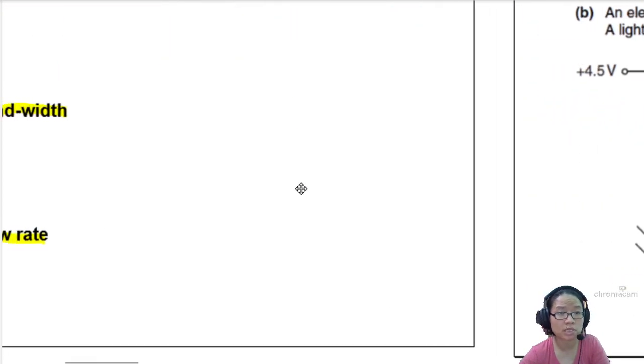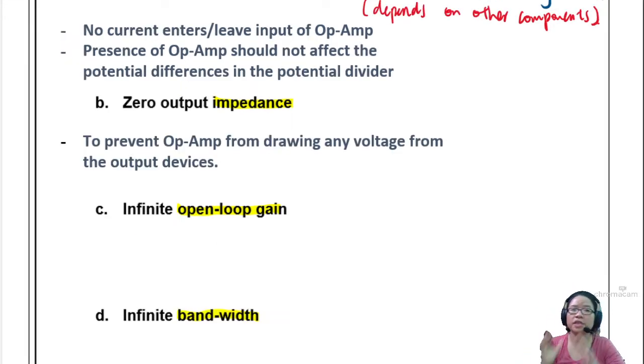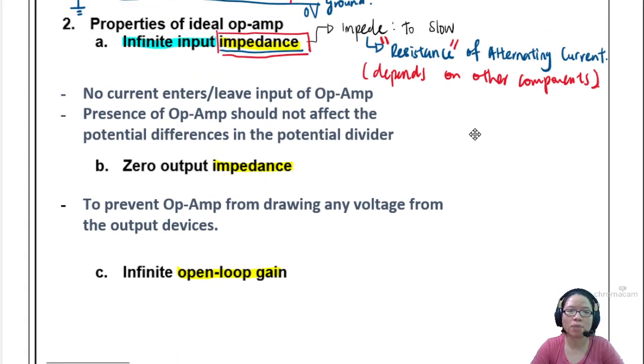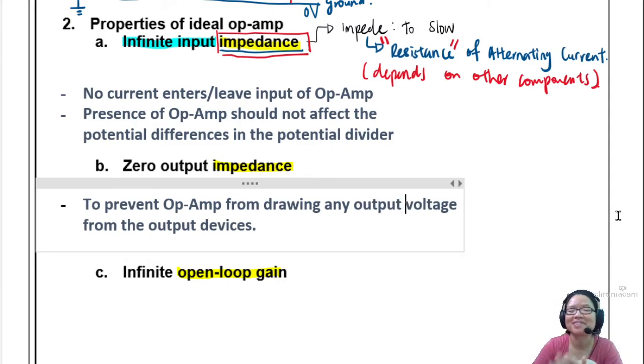So you have to use the term impedance. Okay, so the second property, zero output impedance, is because we want to prevent the op-amp from drawing or taking up any of the potential difference, any output voltage, from the output devices. The best op-amp is the kind that doesn't disturb the input or the output.